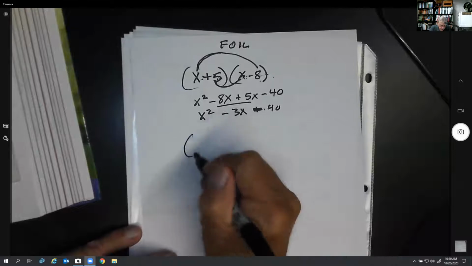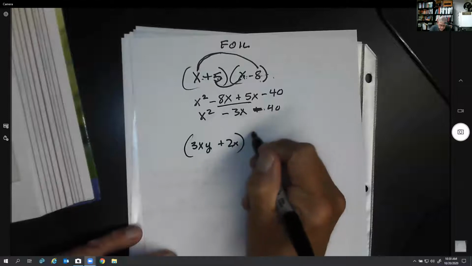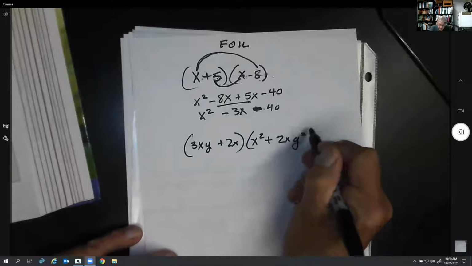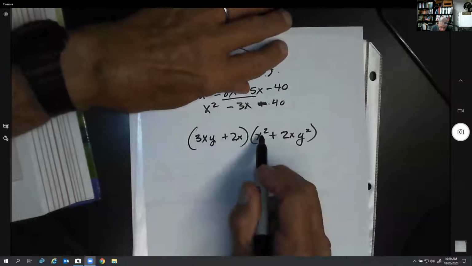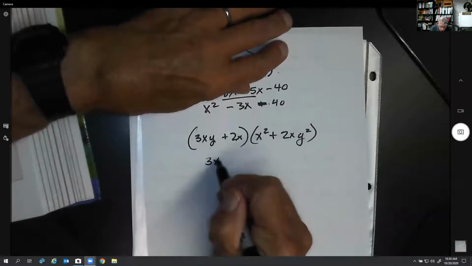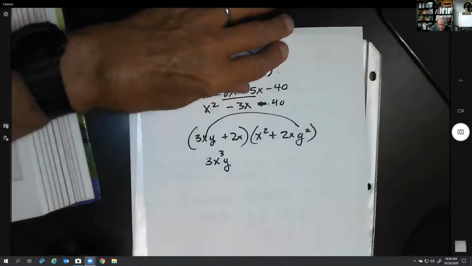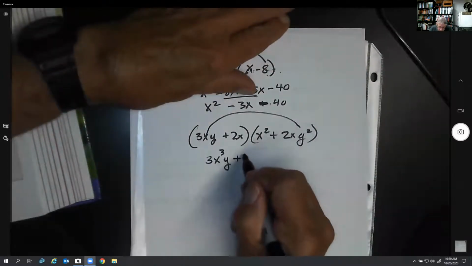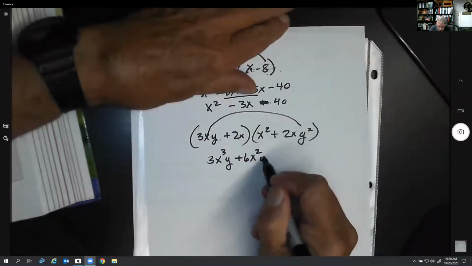Let's try a fairly complicated problem and see if we can FOIL that one. You know, this one looks a little harder. So we're going to go first times first. So 3x squared, x cubed, y. Outside, sometimes it's easier to remember, or I call it the rainbow, plus 6x squared, y squared, y cubed.